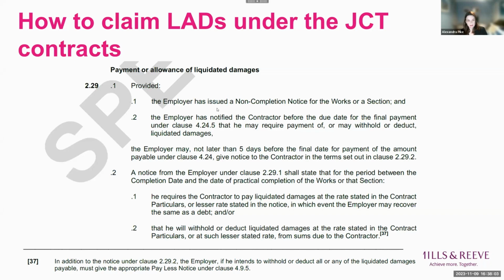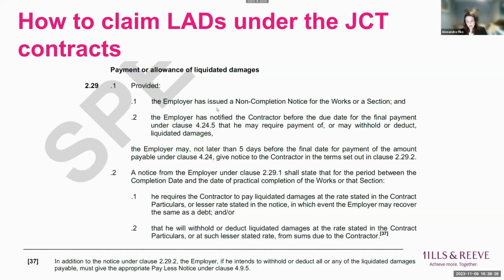to most people. So first thing to note is that there are 4 notices required potentially to deduct liquidated damages under the JCT forms of contract. This clause is from the design and build, but there are similar ones in various of the other contracts.